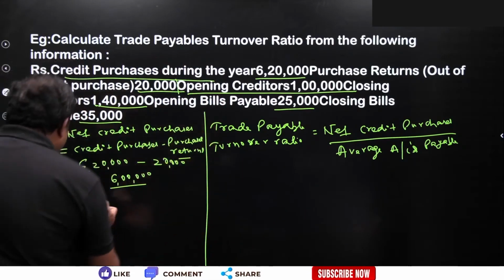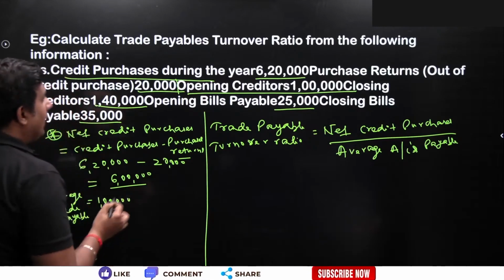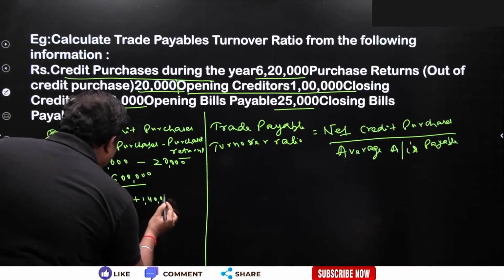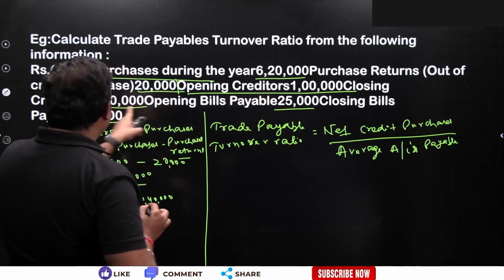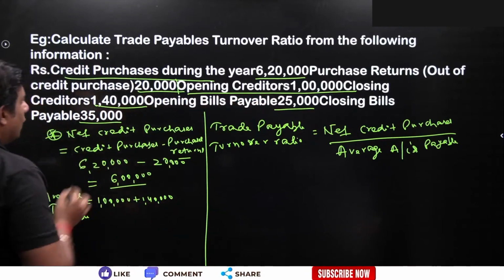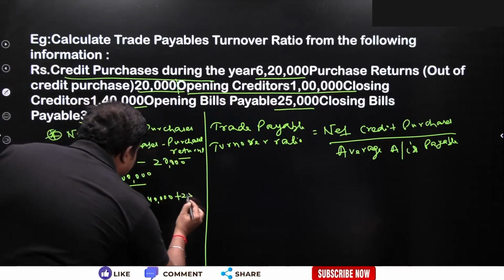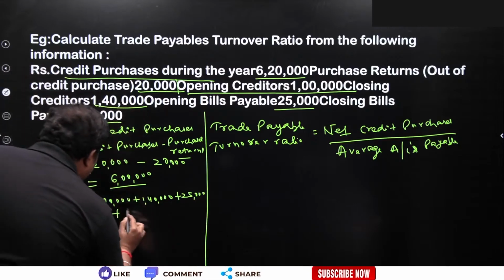Here opening creditors is 1 lakh, and closing creditors is 1,40,000. Opening bills payable is 25,000, and closing bills payable is 35,000.